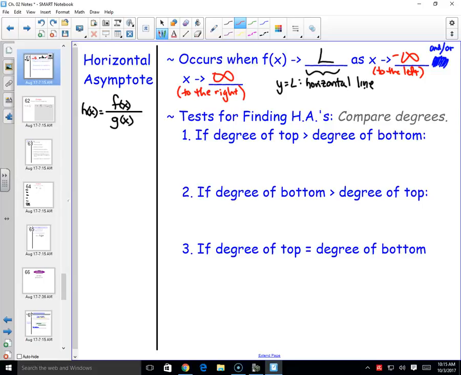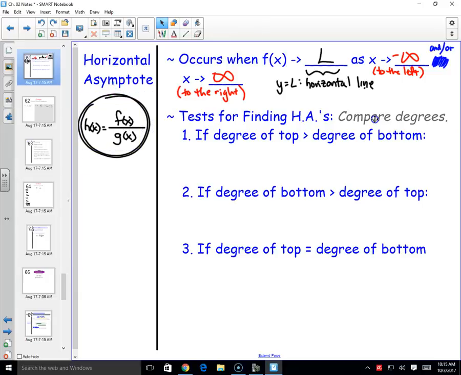And when will horizontal asymptotes occur? The easiest way at our level without knowing calculus is going to be degree tests. You should recognize that somewhat from last year. So you have a rational function, you have a top, you have a bottom, you have a numerator, you have a denominator. You're trying to see if it has a horizontal asymptote.